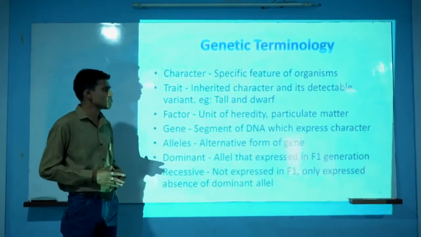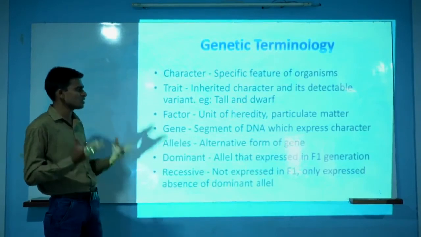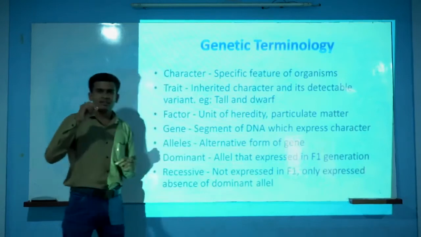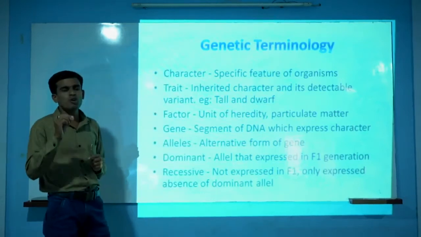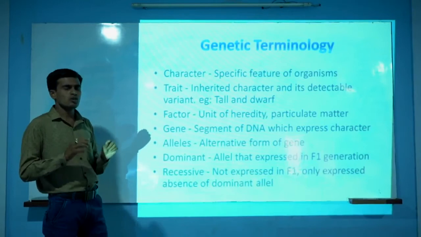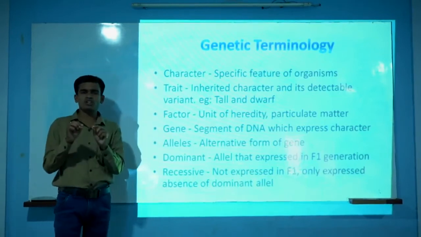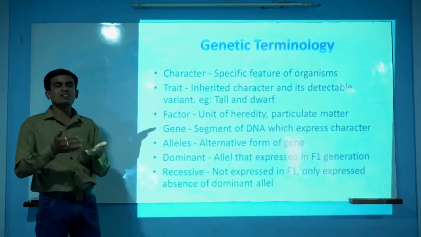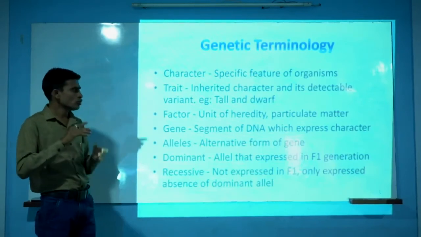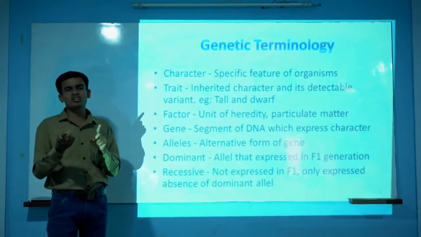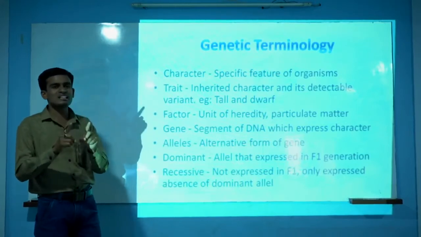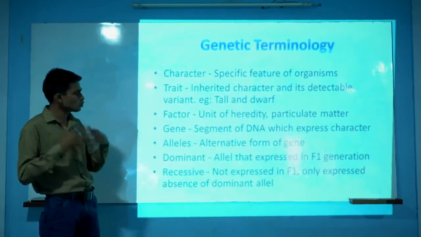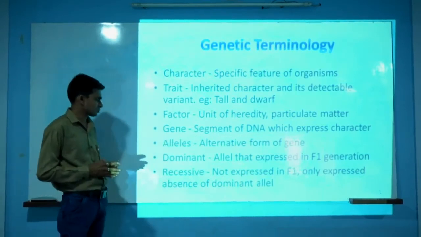Alternative forms of the genes are nothing but alleles. Another example is the dwarf plant, which has the genetic constitution small t, small t. So capital T and small t are both responsible for determining the height of the plants. These capital T and small t are the alleles, the alternative forms.